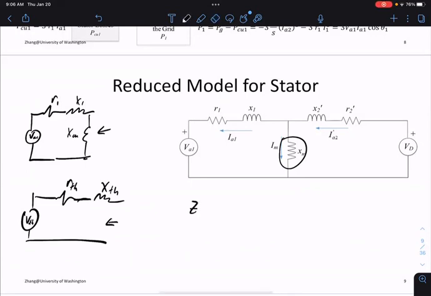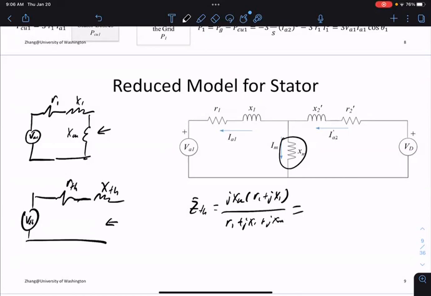For the impedance, you compute these two impedances, which are in parallel: JXM and R1 plus JX1, over R1 plus JX1 plus JXM. Divide this and you have some equivalent RTH, XTH.